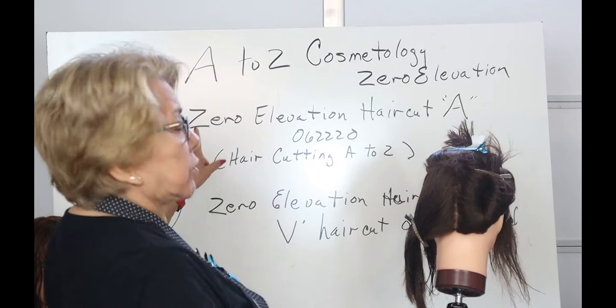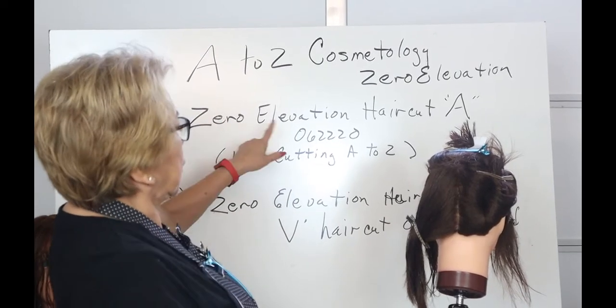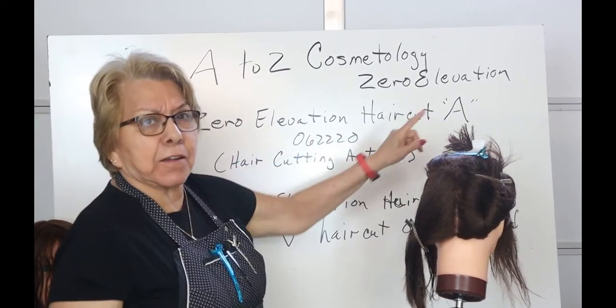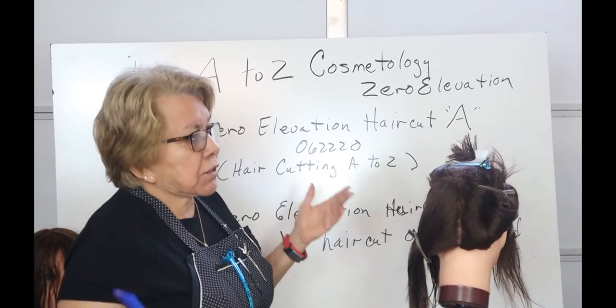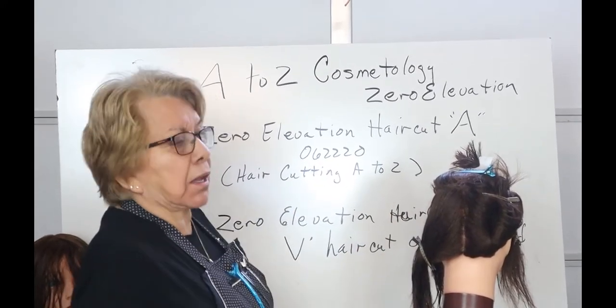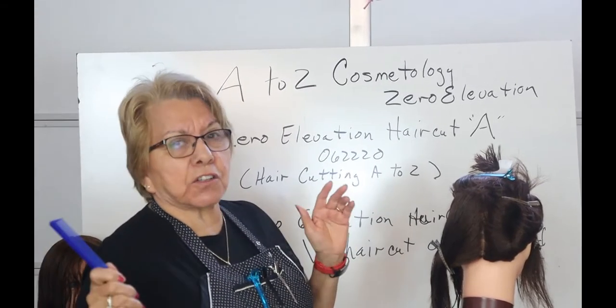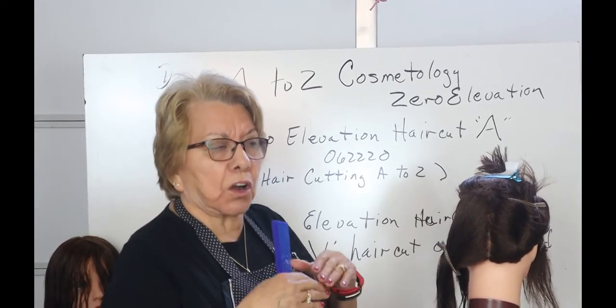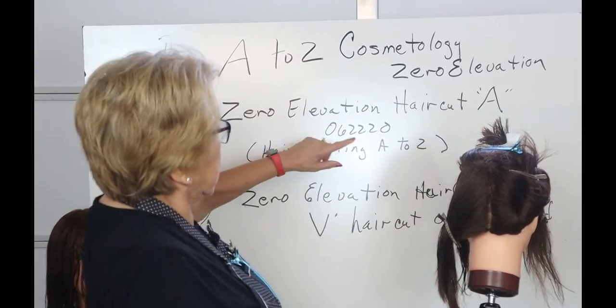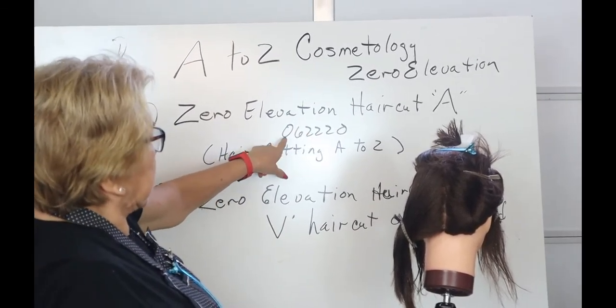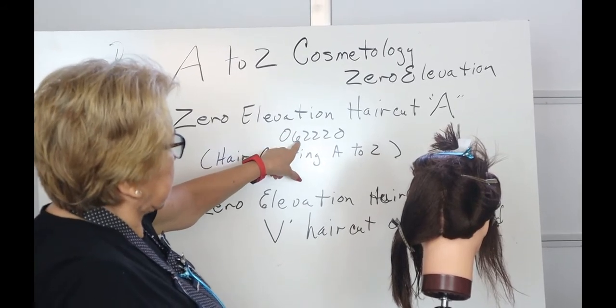The next video, the second one that you could watch, is Zero Elevation Haircut A. Previously we were just doing haircut videos. Then school started, then the pandemic hit, and I thought, okay, I've got to do videos for students. So then we called it A to Z Cosmetology. This one is Haircut A. It's got a number on it that says 06/22/20.